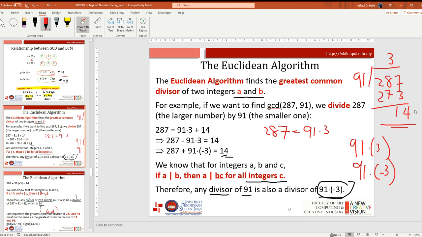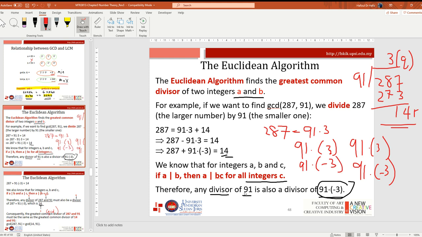The remainder is 287 minus 91 multiplied by 3.